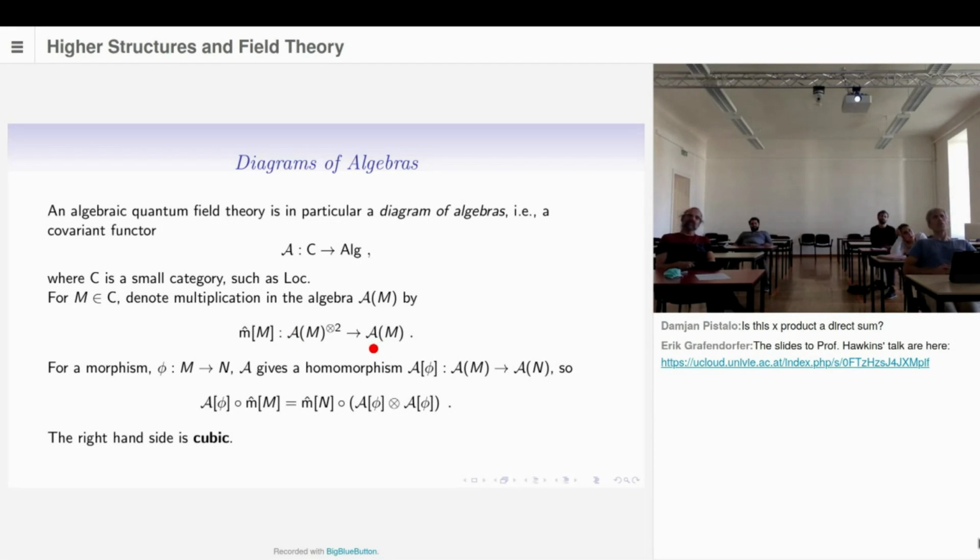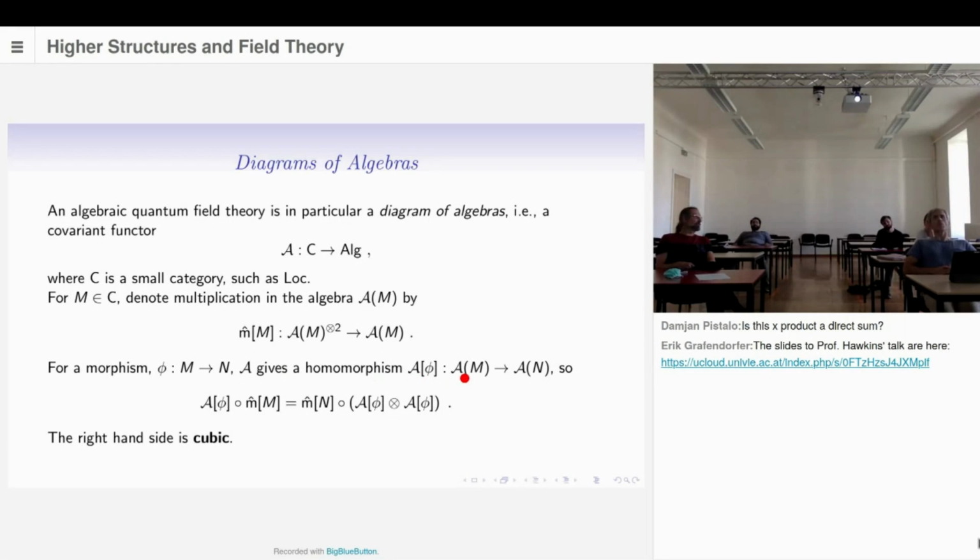And there are three conditions that the structures of a diagram of algebras must satisfy. There's associativity, there's functoriality, and there's the fact that the maps that the functor gives should be homomorphisms.